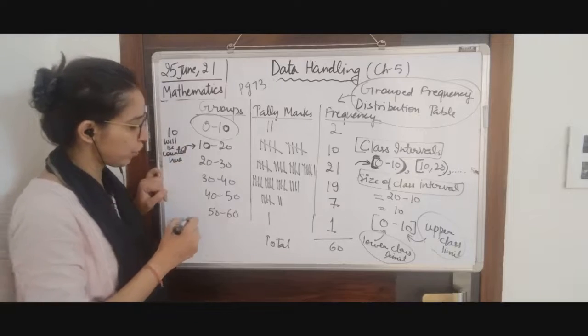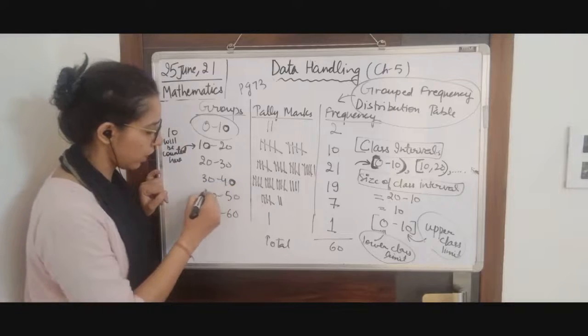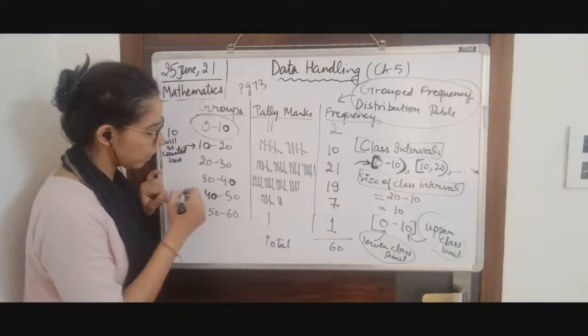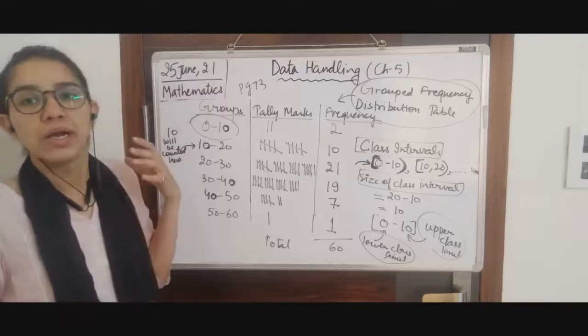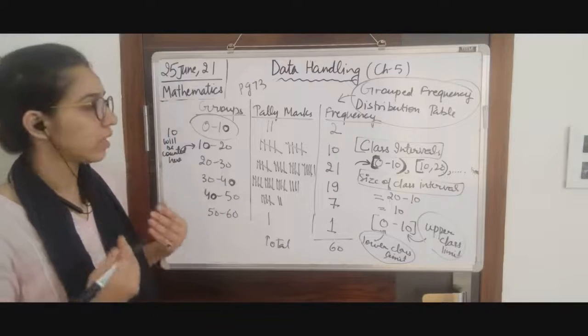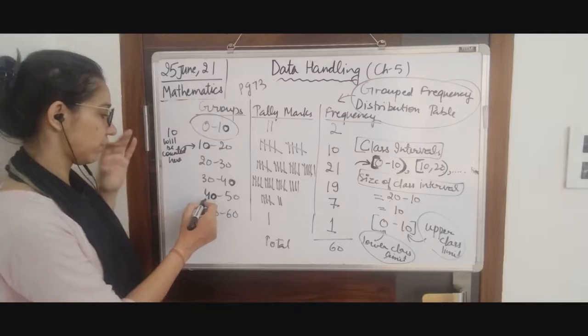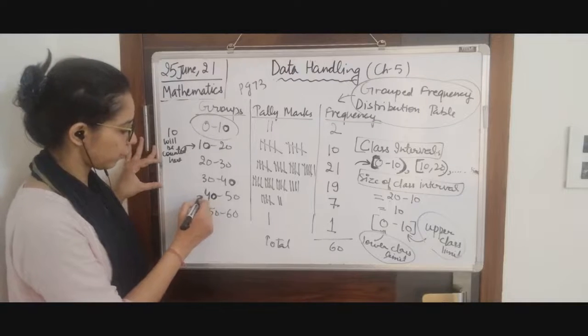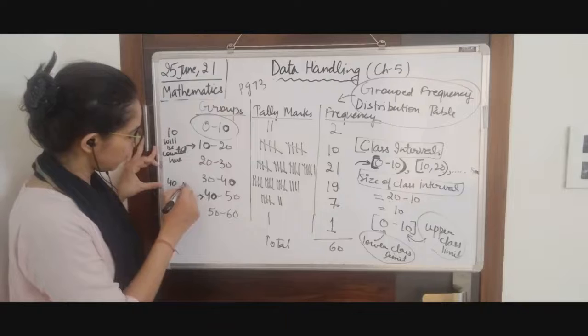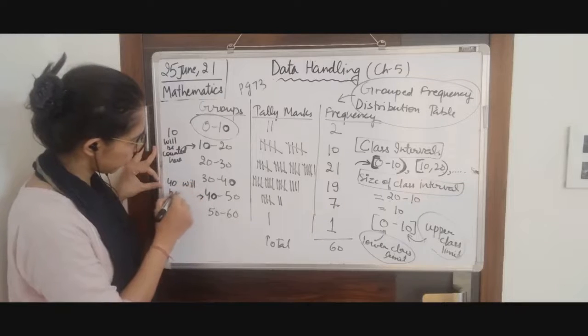Similarly, if you want to know where 40 will be counted, here or here, you have to remember that it will be counted in the bigger class interval. The bigger class interval is this, so 40 will be counted here.